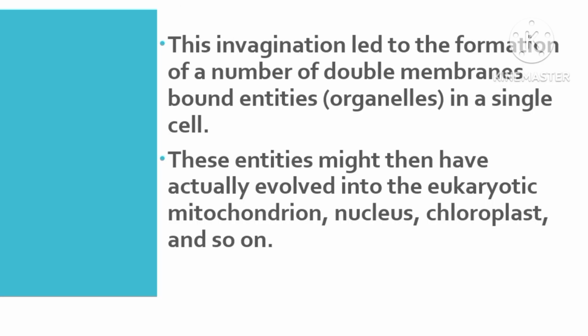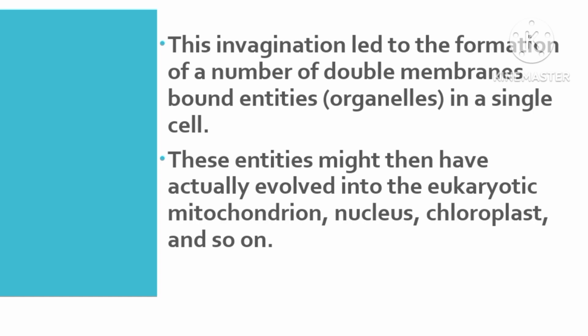Invagination led to the formation of a number of double membrane bound entities in a single cell, and these entities might then have evolved into the eukaryotic mitochondrion, nucleus, chloroplast, and so on.